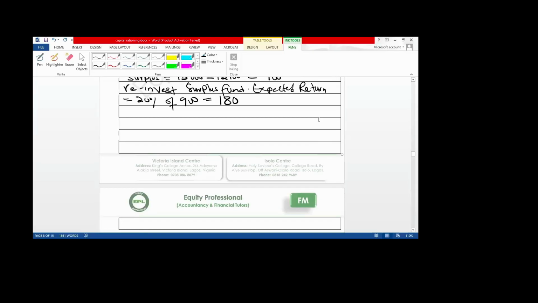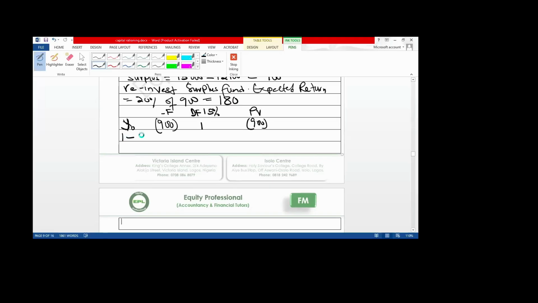Look at it. In year 0, you are going to invest 900,000. This is your cash flow. This company's cost of capital is 15%. The present value in year 0 is 900.